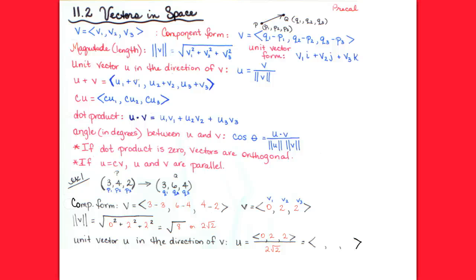So 0 divided by 2 square roots of 2 is 0. 2 divided by 2 square roots of 2, the 2's are going to drop out and leave me 1 over the square root of 2, and we'll rationalize that in just a sec. Same story here, these 2's will drop out and we'll have 1 over the square root of 2. To get rid of that radical in the denominator, if we rationalize, multiply top and bottom by the square root of 2, and we'll have 0, square root of 2 over 2, square root of 2 over 2.